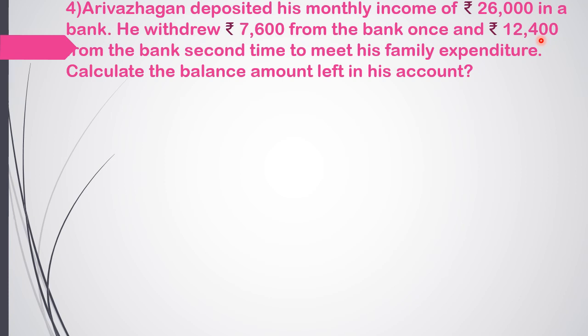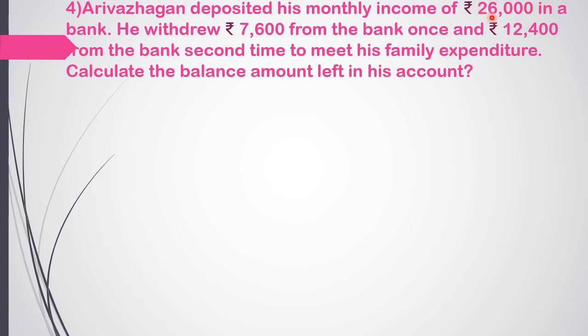We can do this sum in 2 ways. The first method is we add the withdrawal amounts, that is 7,600 and 12,400. We add these two amounts, then subtract from the income.